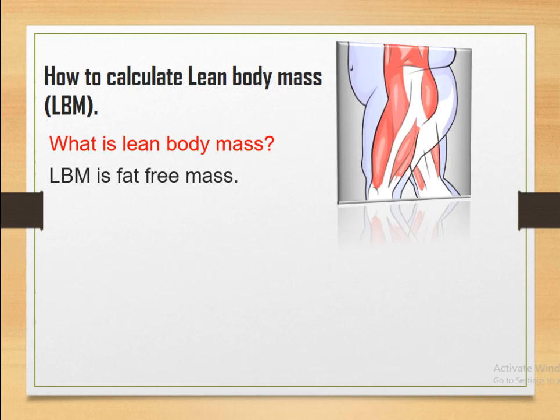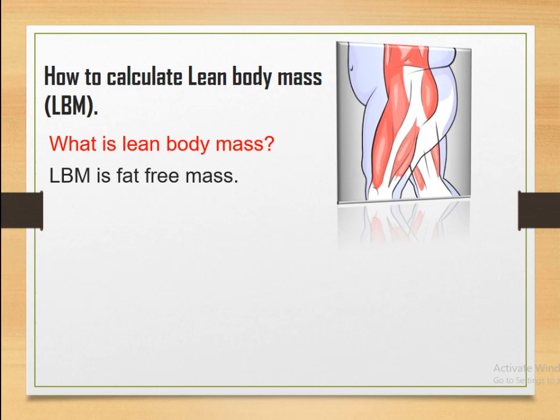Remember in the previous slide, I was explaining the three principles we use to measure the body fat. Now when you talk of the lean body mass, we are talking about the mass of the human body without the fats. The mass of the human body without fats.